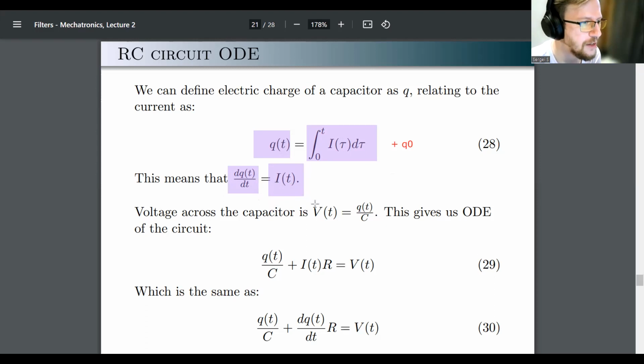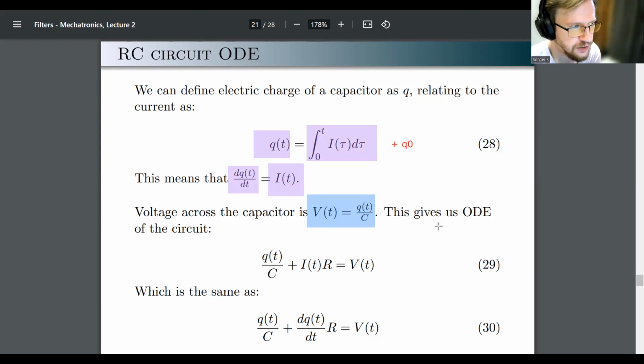Now, that was just a definition of charge. To make progress, we also need the equation of a capacitor. It basically says that the voltage across a capacitor is equal to charge divided by capacitance, right?